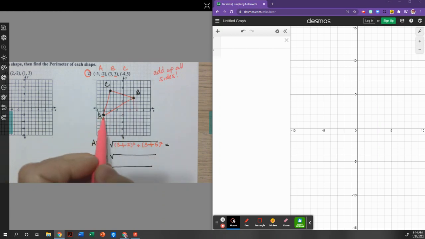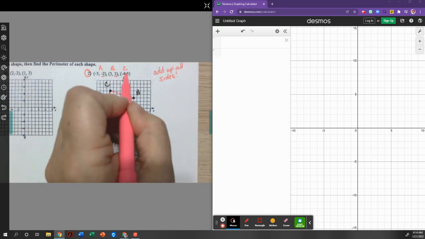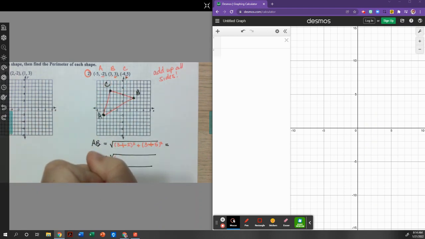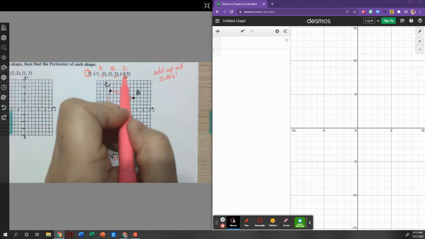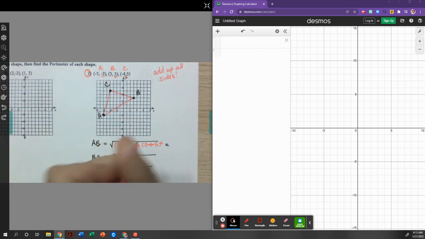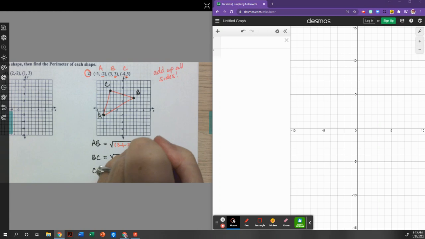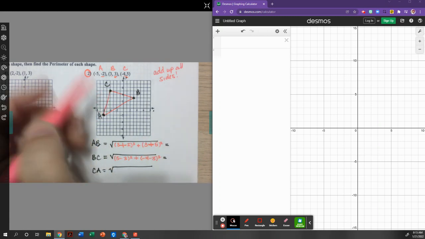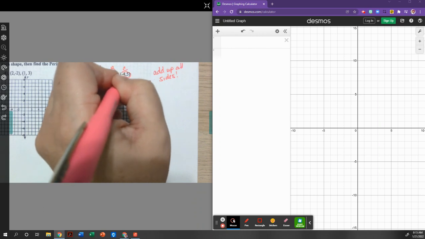All right, B to C. Now I need to use these 2 points. So I need to do 5 minus 3 squared plus, and now I need to do -4 minus 3 squared. And then I need to figure out what that equals. Now I need to do the distance from C to A. You've got to keep everything organized.